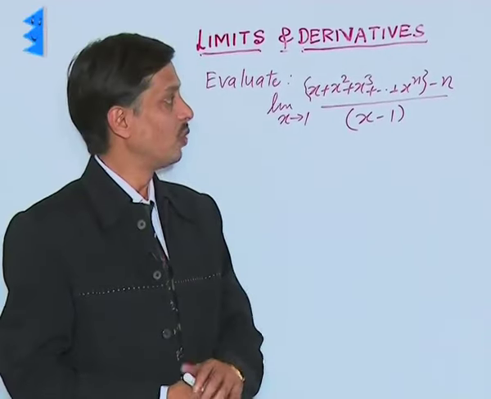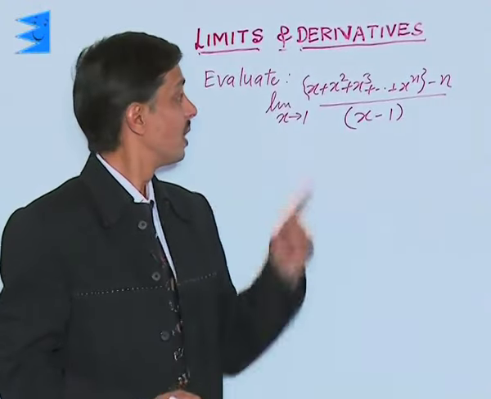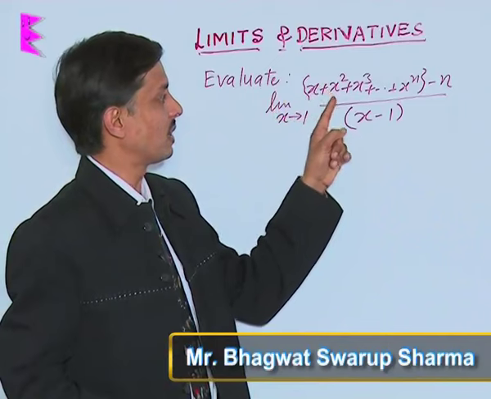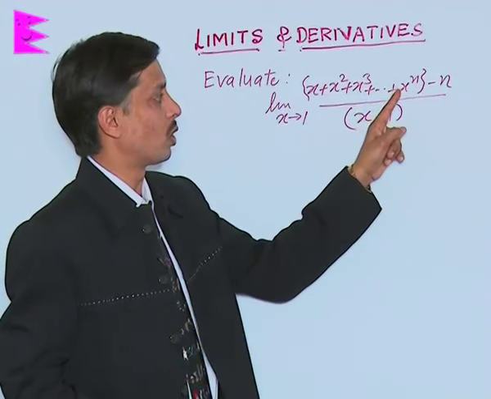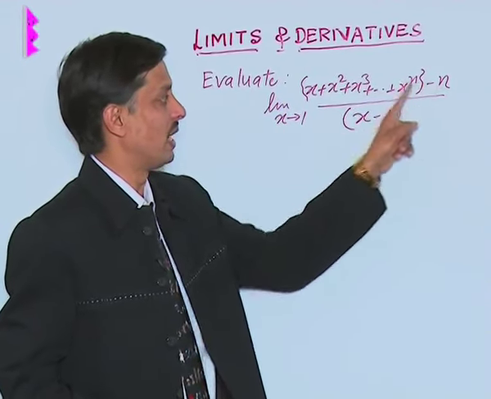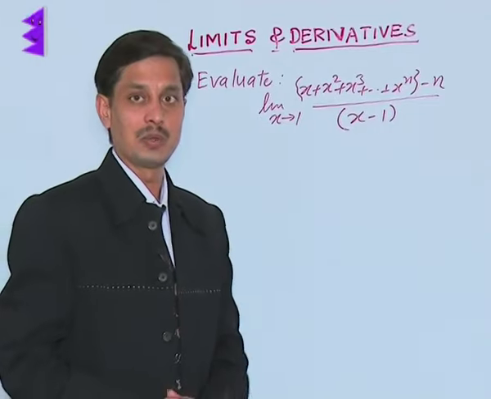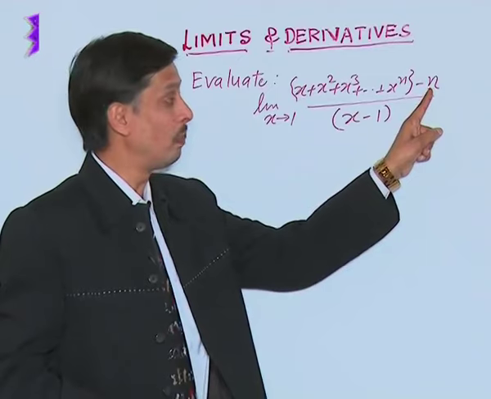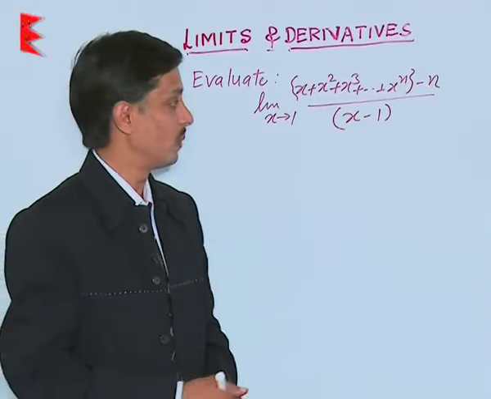I want to tell you one more important example. Evaluate limit x tending to 1, (x plus x square plus x cube plus dot dot dot plus x raised to the power n minus n) upon (x minus 1). In fact, this minus n will play one very important role.